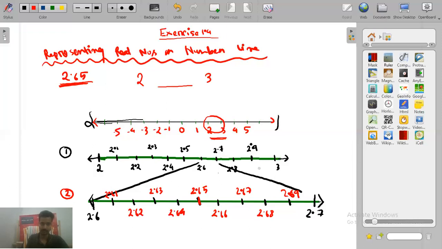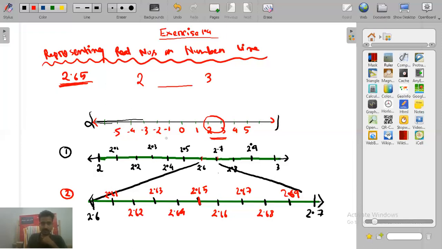Then again see whether the required number comes out or not. Now see, here after the decimal only one digit is there, but we need 2 digits. That means again we have to divide between two numbers, between the two numbers where the required number lies.